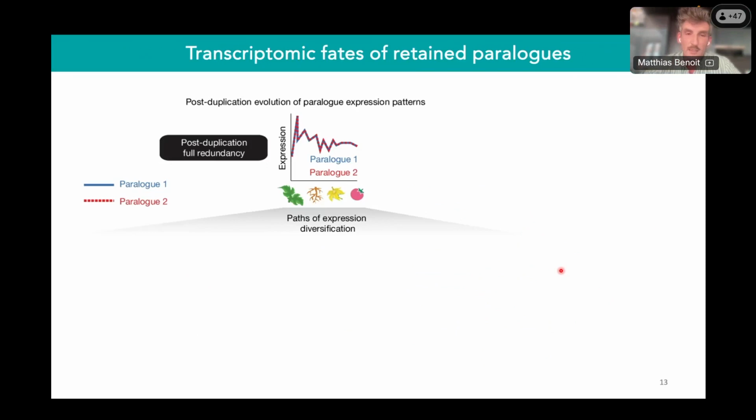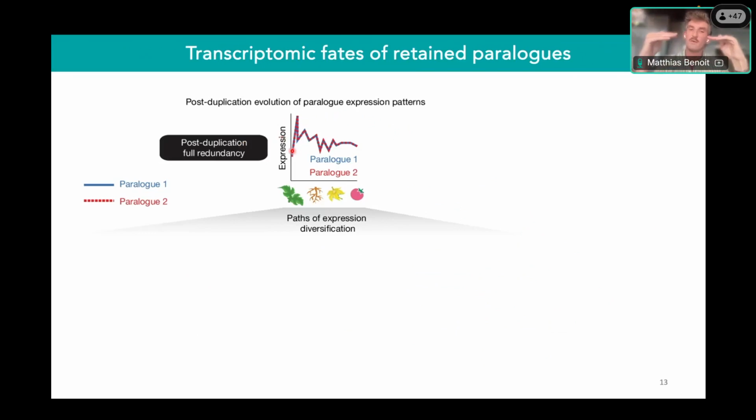So now that we have identified our gene duplications within the pan-genome, we wanted to know how those paralogs would evolve in terms of transcription and activity, right? Let's consider a case where you have a duplication, as I showed in the introduction.